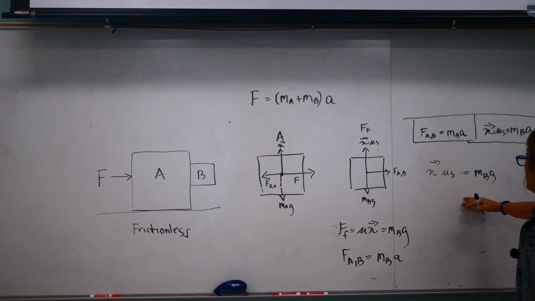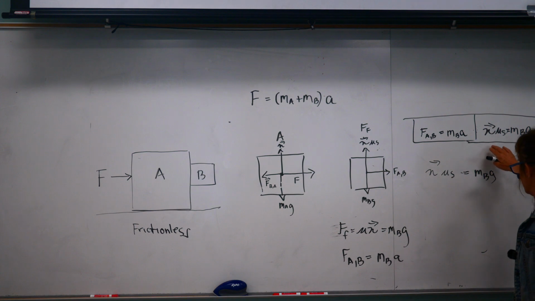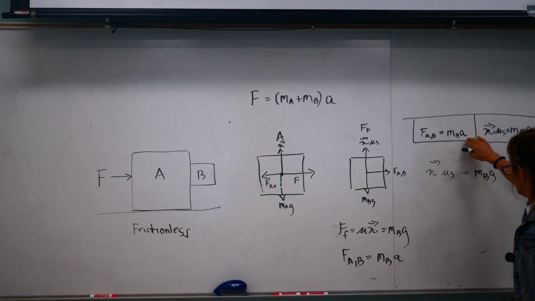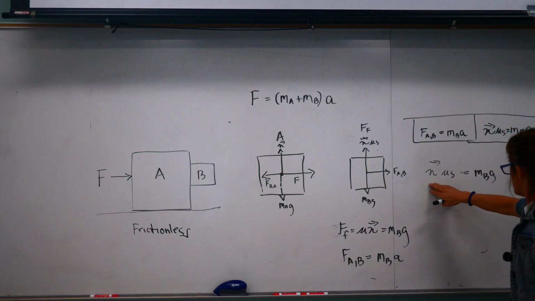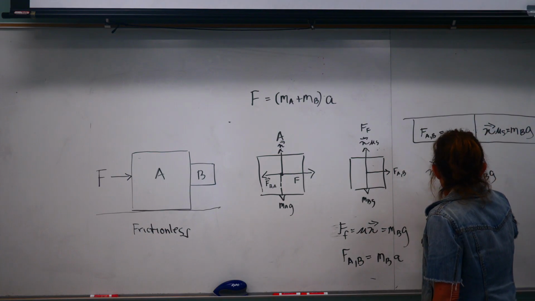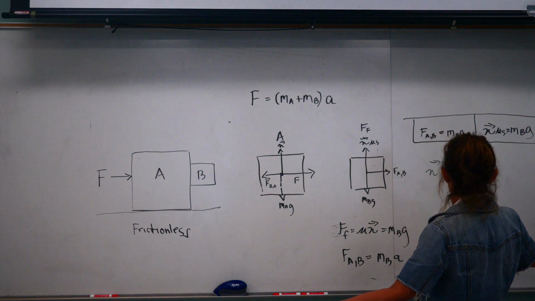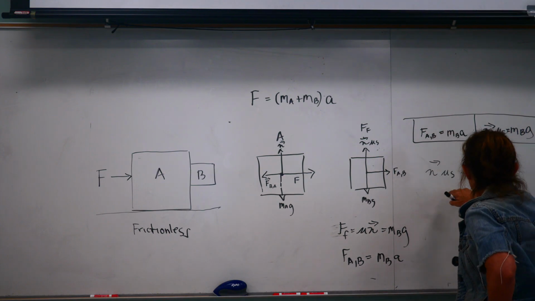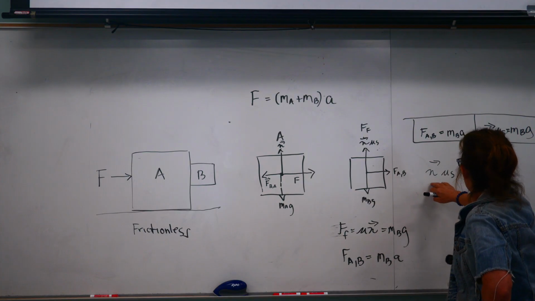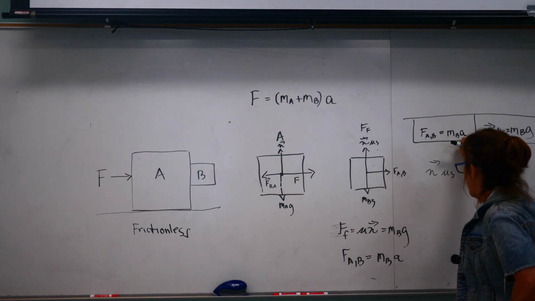Now, I've got to rewrite N. N is equal to the mass of B times a, I'm sorry.